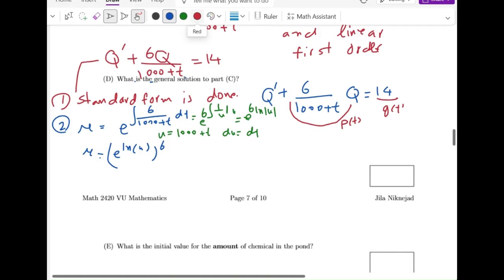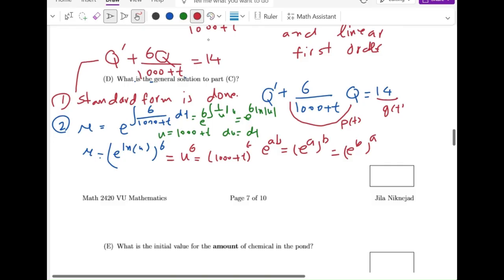This always comes up because when you have e to the power ab, you can write it as e to the power a to power b, or e to the power b to power a. That's an exponential rule. So here, e to the power ln of u to power 6 is just u to power 6, which is 1000 plus t to power 6.